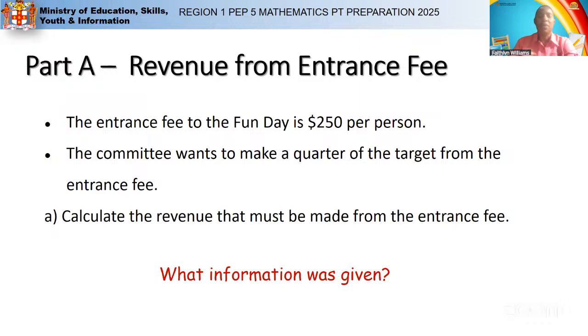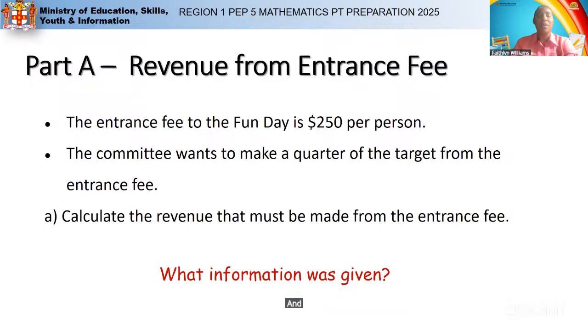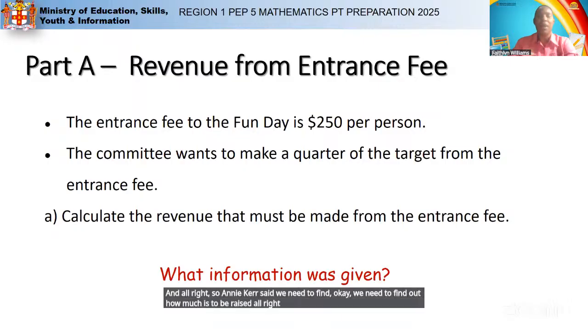All right, so somebody has typed that we need to raise funds to upgrade the math room. That could have been from the previous question that was asked. And Annika said we need to find out how much is to be raised, or she said the amount to be raised is given. What's the amount to be raised?